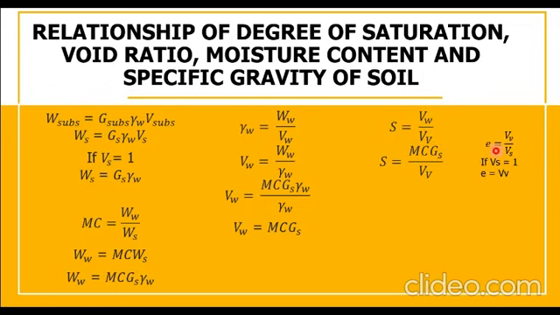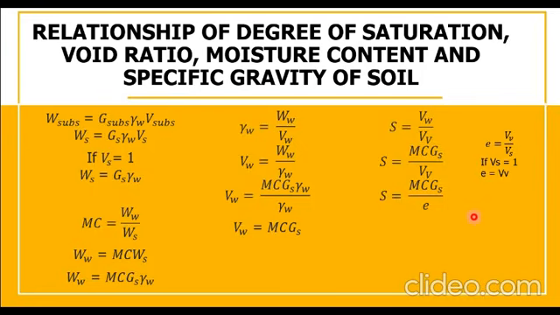And if we know that E is equal to VV over Vs, if Vs is 1, E will be equal to the total volume of voids. So this will be 1. So E will be equal to VV. If we substitute E here, we get S equals MC GS over E.